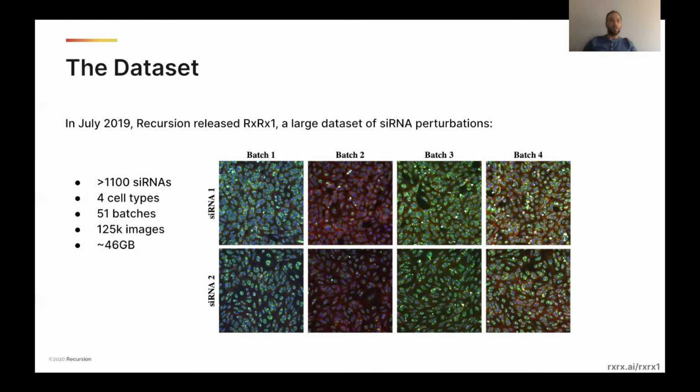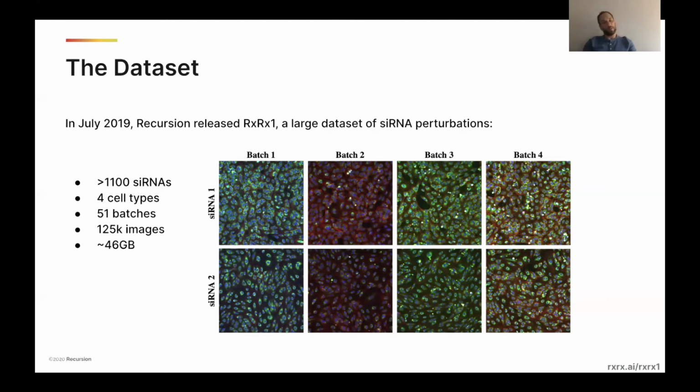A key challenge to extracting information from high content images is that often the channel intensity distributions for different perturbations within the same experimental batch are more similar to each other than the channel intensity distributions for a single perturbation across multiple experimental batches.